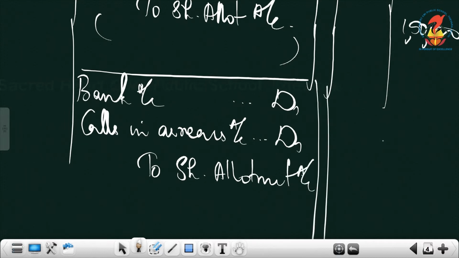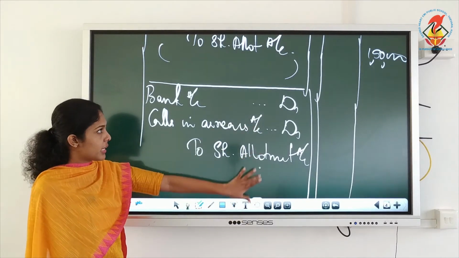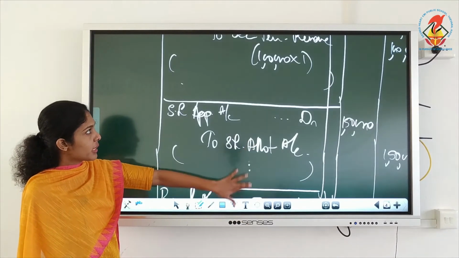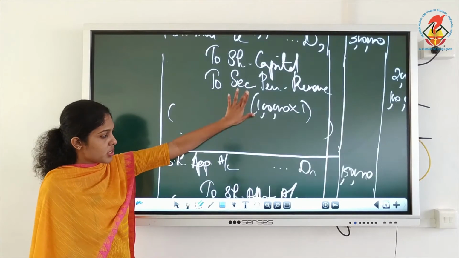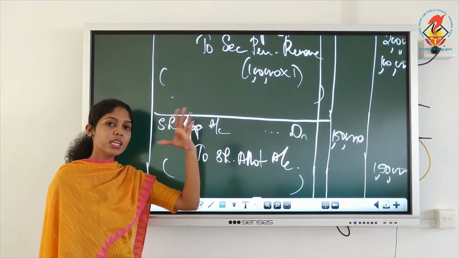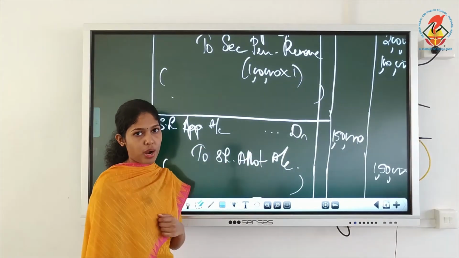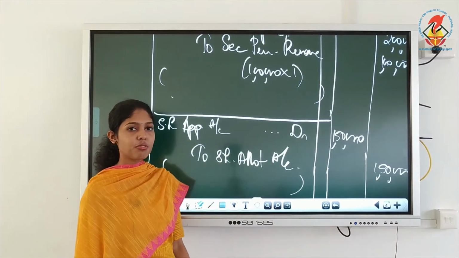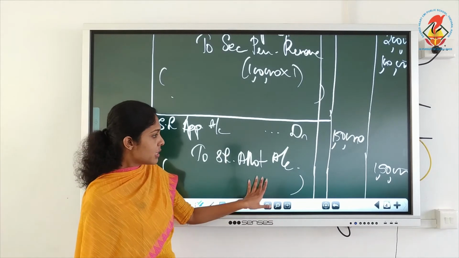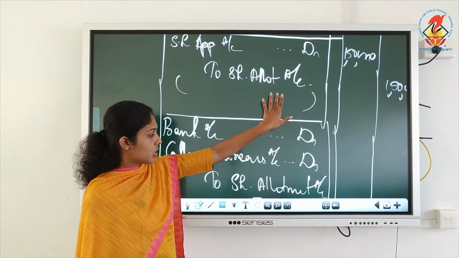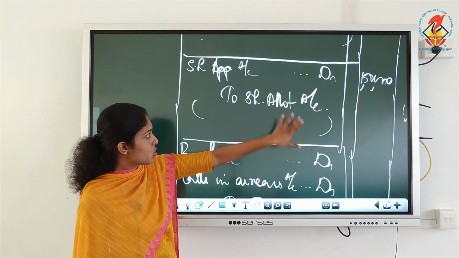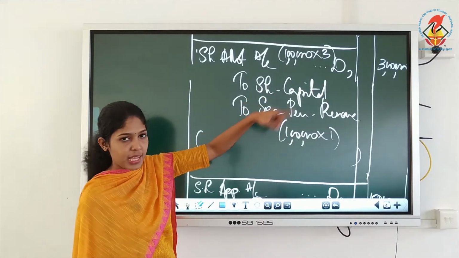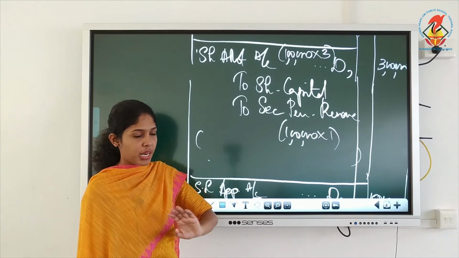Okay, usually what will you do? Allotment means you will just look into the previous entry and take the amount. But here can we do like that? Share allotment, 3 lakhs is there, but what's the meaning of prorata? Already you have received an excess of 1,50,000. So that 1,50,000 you have to less, and the balance what you have to receive now is only 1,50,000. Understood? So you can't simply copy this 3 lakhs into the journal entry.